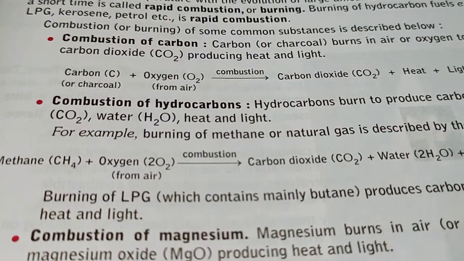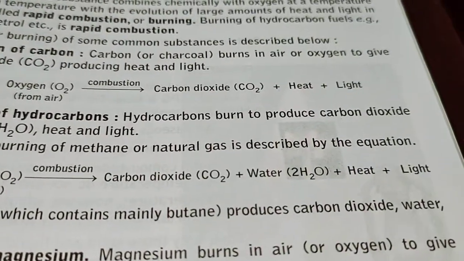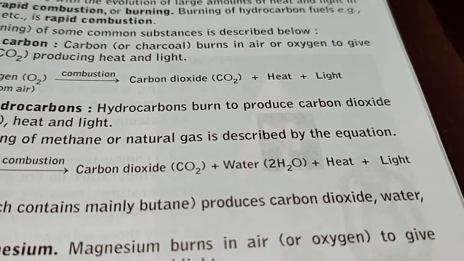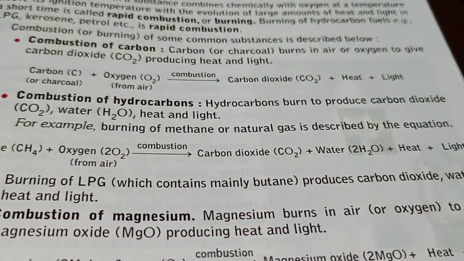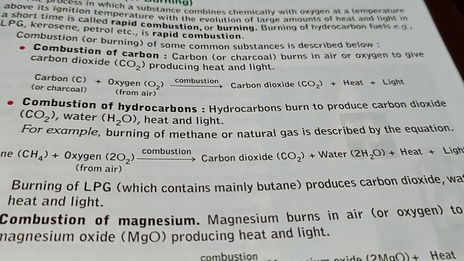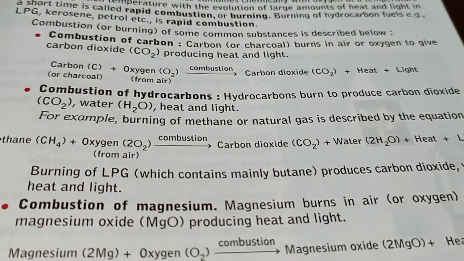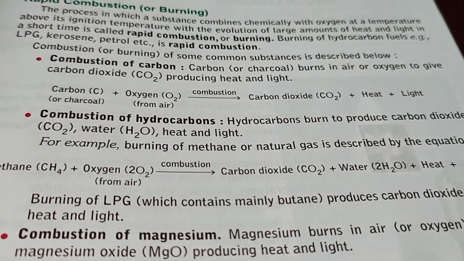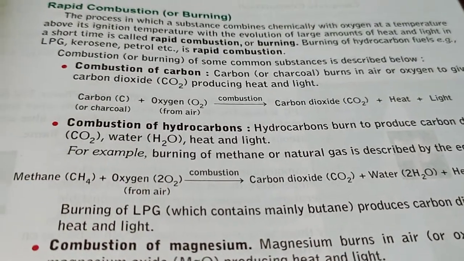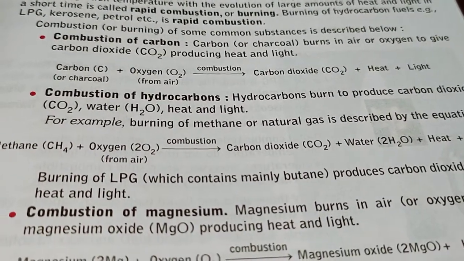Burning of methane in the presence of oxygen in air also produces carbon dioxide, water vapor, heat and light. LPG, which mainly contains butane, another type of hydrocarbon, produces carbon dioxide, water vapor, heat and light. So methane and butane are examples of hydrocarbons, which are combustible substances in nature.